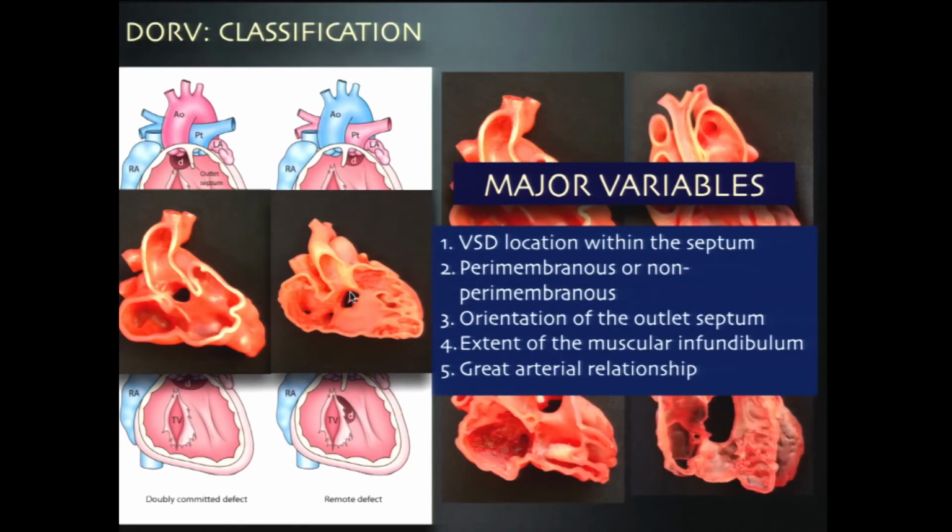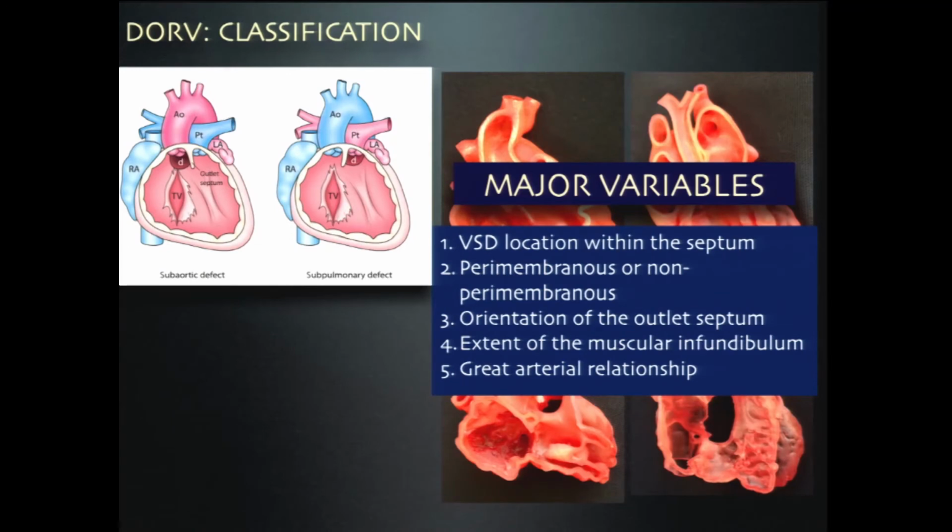However, the distance between the aortic valve and VSD is very large. Why is that? Here you have a stout, very long subaortic infundibulum, while here there isn't any subaortic infundibulum. So that's what I mean, that extent of muscular infundibulum is also important in describing the pathology of VSD.